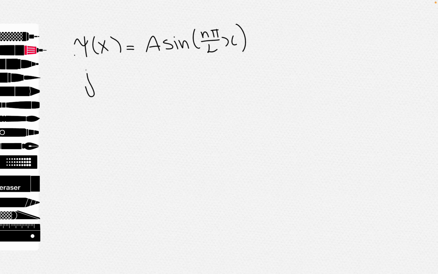So you take the integral from 0 to L of the probability density like so. And this is equal to 1. So this is basically what I've just said in mathematical form. We're taking the sum of all the probabilities and adding them up.